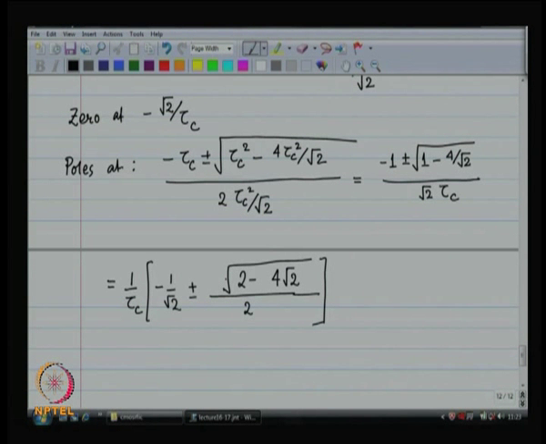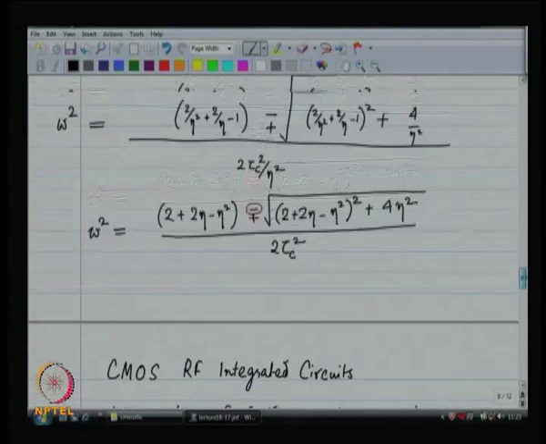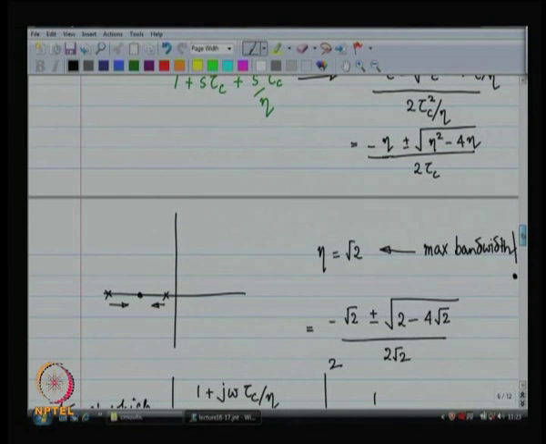Okay. So, this is what we have really got. Somehow this is not the same as the previous result. Why is that?